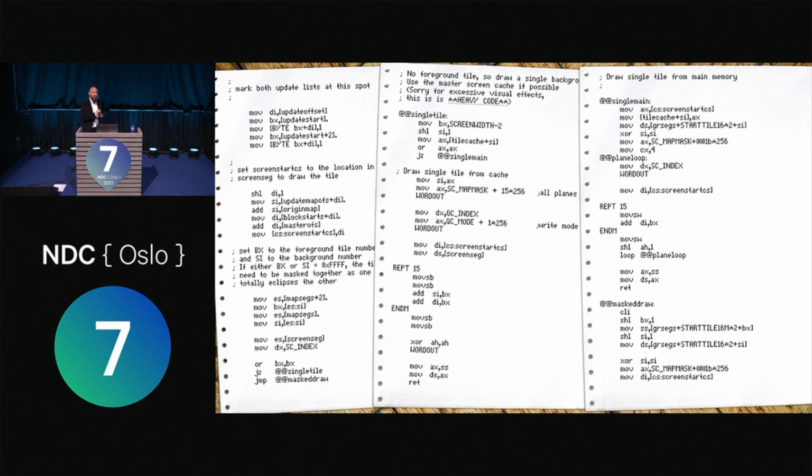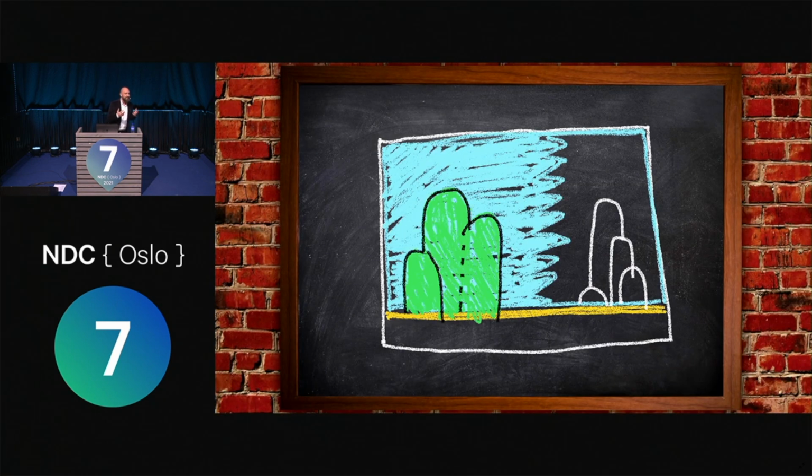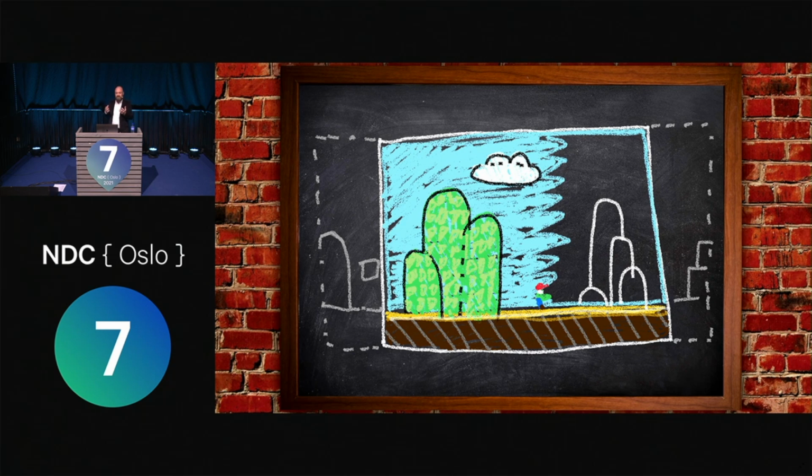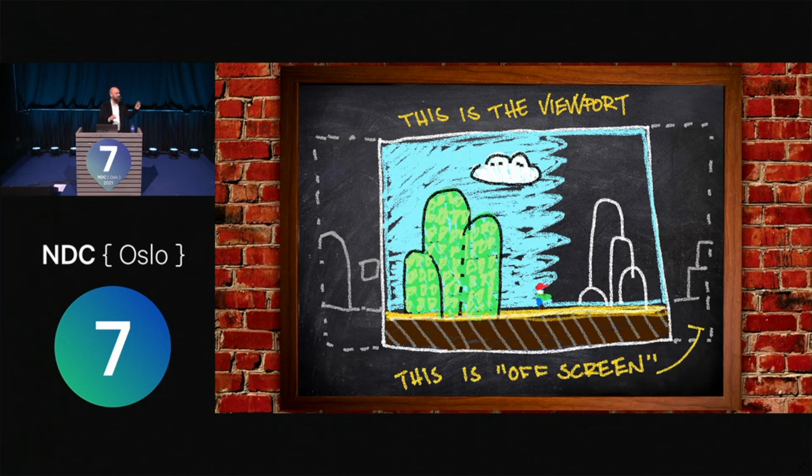But this thing enabled something entirely different, because the IBM PC did not really have very good hardware for doing graphics. But one of the changes was that on the extended graphics adapter, you had the possibility to increase the screen size beyond what was displayed on the screen. So you would get what you're seeing here. You would have the viewport, which was what you saw on the screen. And then you would have this little piece often on the edges of the screen.